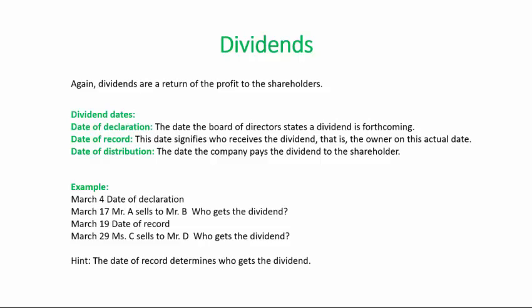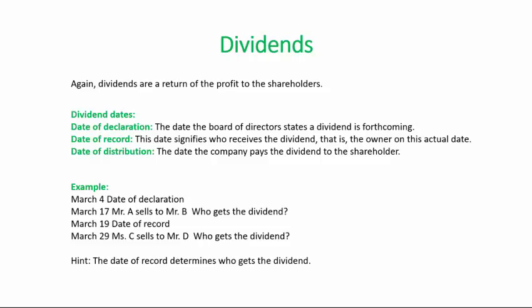Dividends are a return of earnings back to the shareholders. The important dates on dividends is the date that the board of directors states that the dividend is authorized. Then there is a date of record. That is the date in which whoever owns the shares of stock, whether it's common stock or preferred stock, receives the dividends.